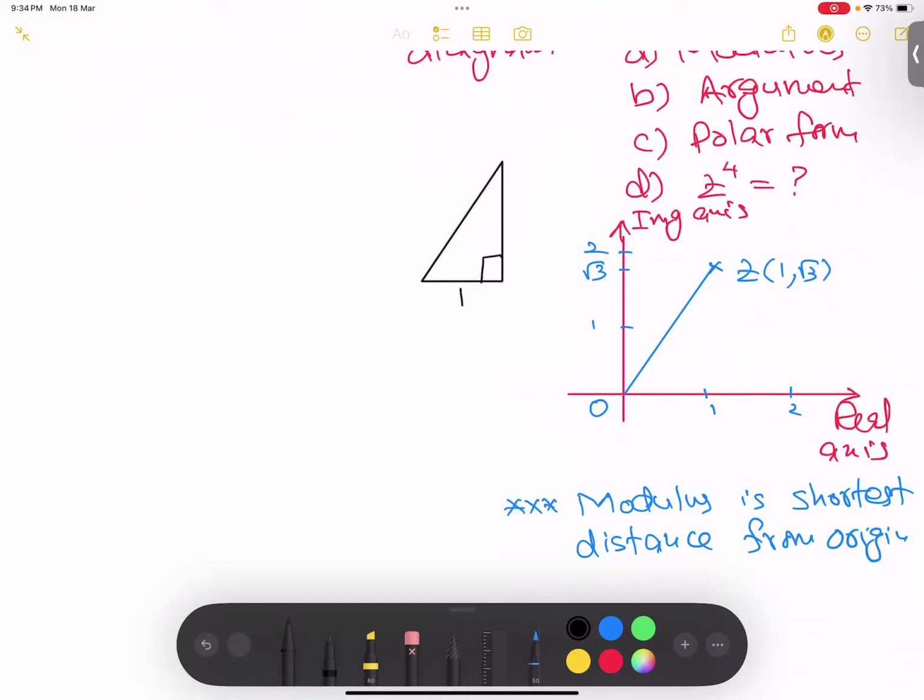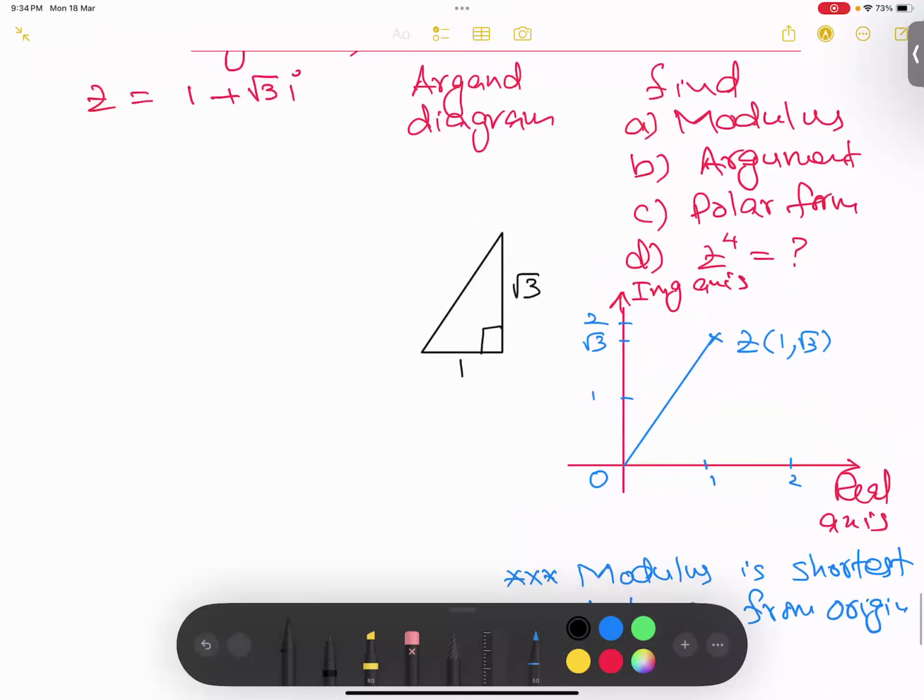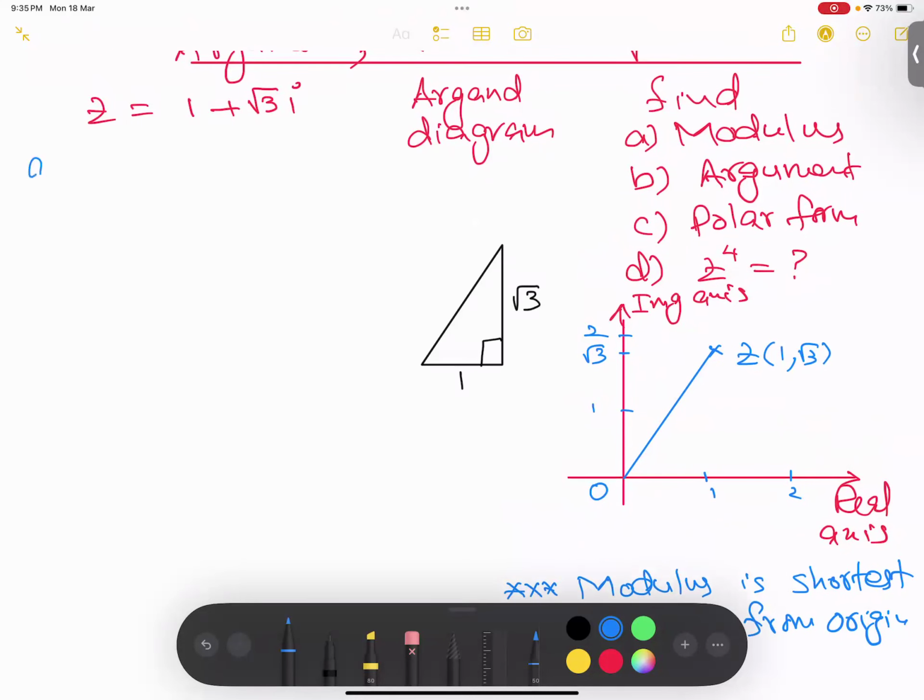This gap is 1, and this gap is root 3. And we have a special sign of expressing this. What is the special sign? Two straight vertical lines across the complex number, that is called modulus. And modulus is the shortest distance, you know it by Pythagoras theorem.